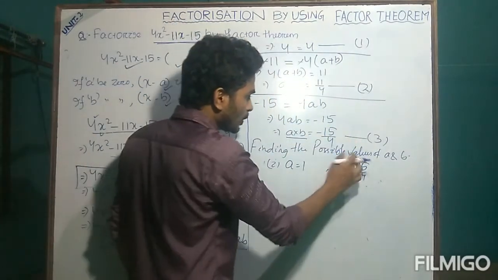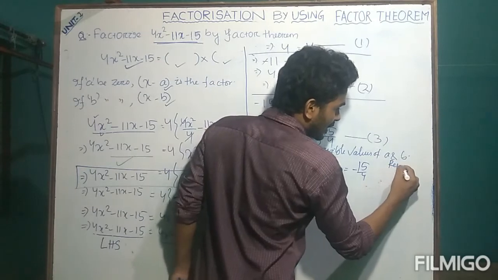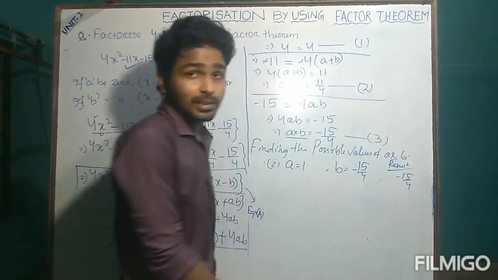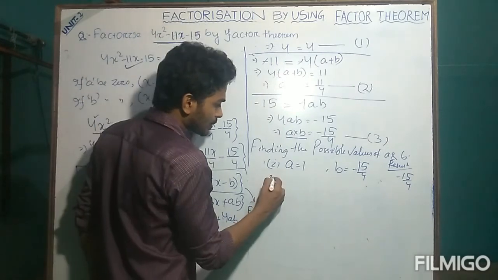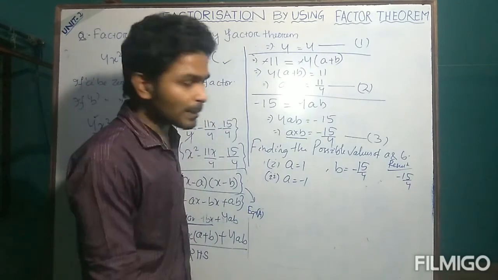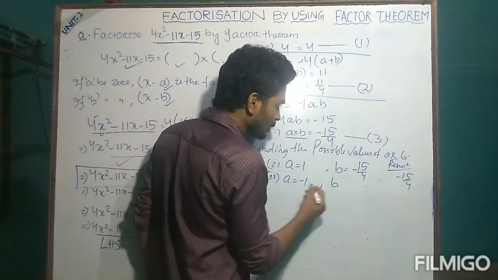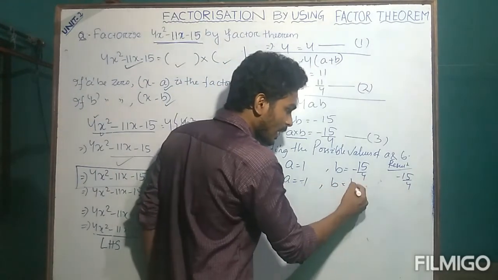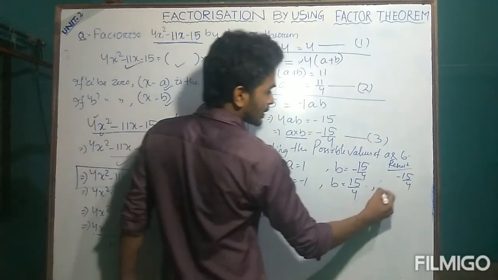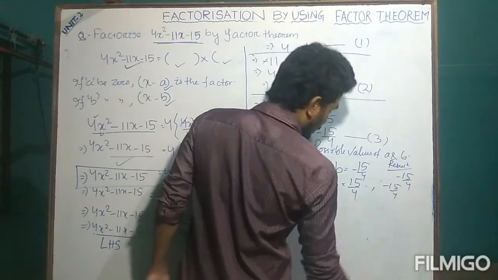Hence b will be minus 15 by 4, so that the result will be minus 15 by 4. This is the first assumption. Coming to the second assumption, we can take a to be minus 1. So b will be positive, because a is negative, and it will be 15 by 4, so that the result is minus 15 by 4.